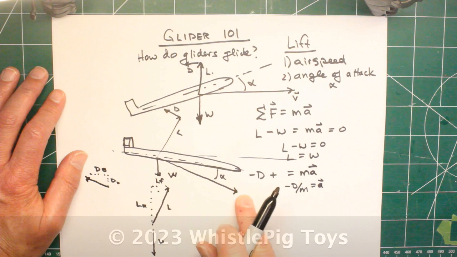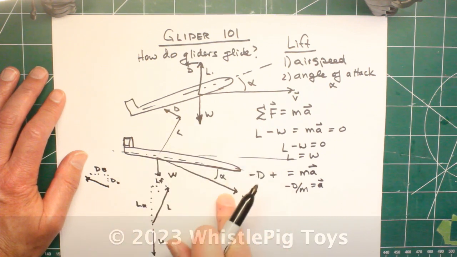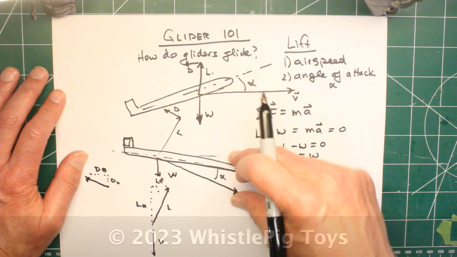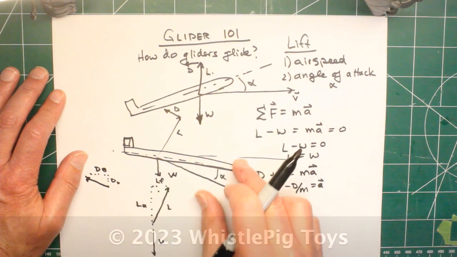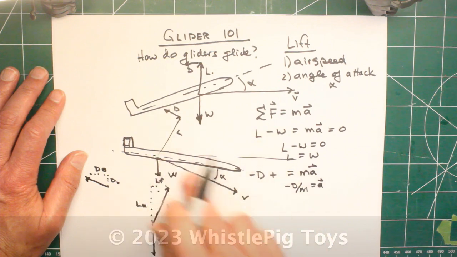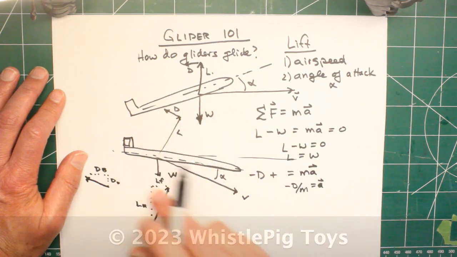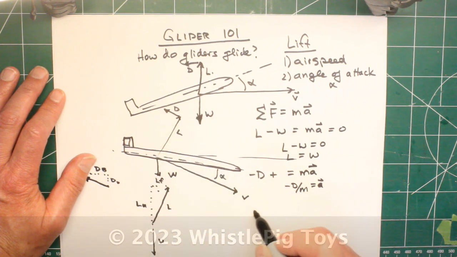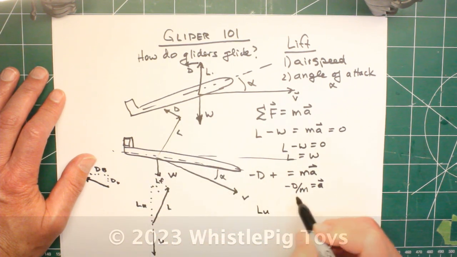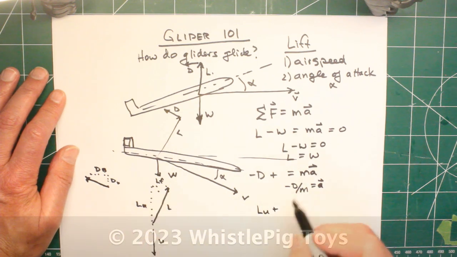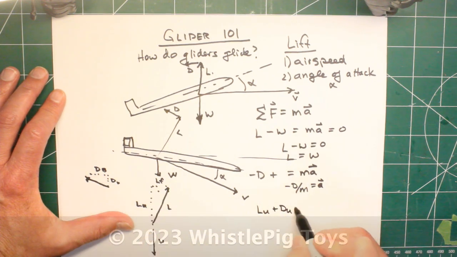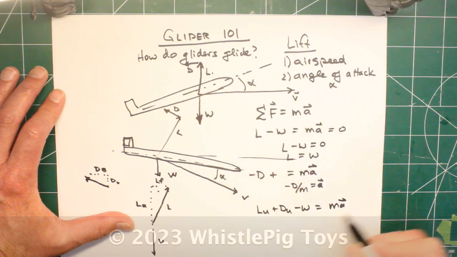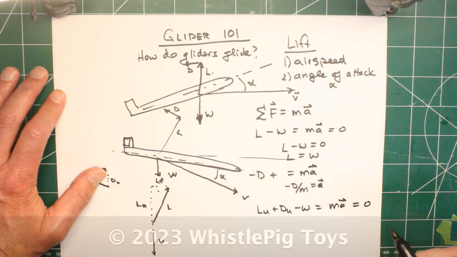Since we said this is no longer changing direction, that means that whatever speed this is, isn't changing anymore, so it's not accelerating. So that means that the airplane, again, has zero acceleration in the up and down direction. So we can write the lift up plus, we now have this thing, the drag up, minus weight is equal to ma, but because there's no acceleration, that's equal to 0.